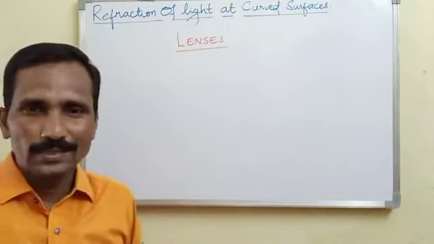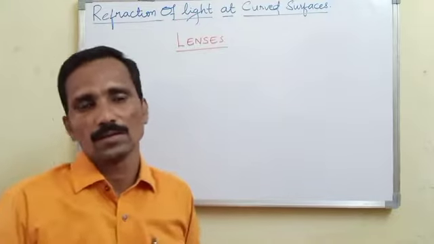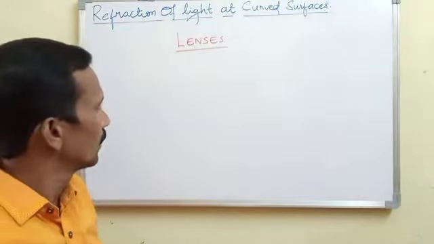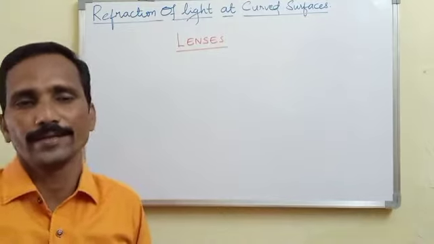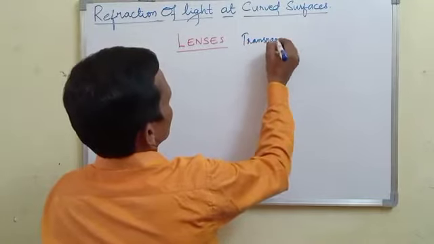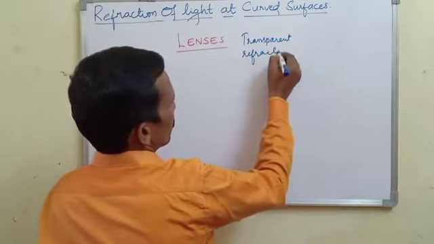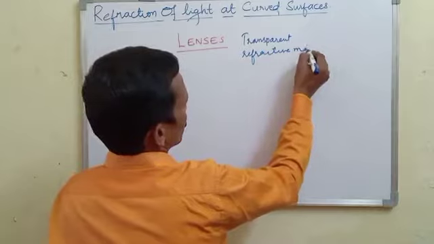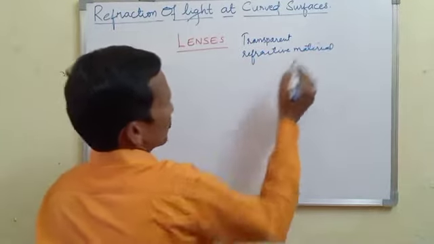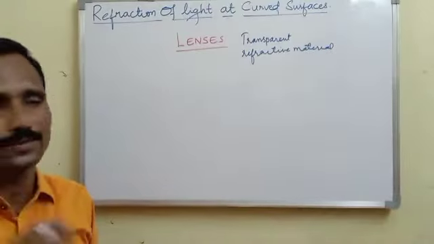A lens should be a transparent material. Light should pass through the glass, that material, and it should refract the light. So a lens is a transparent refractive material. It has curved surfaces on both sides or at least one side.